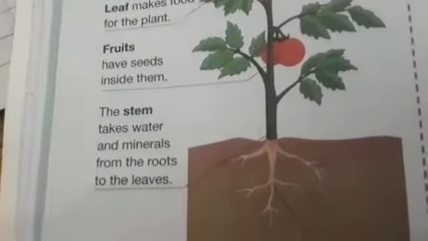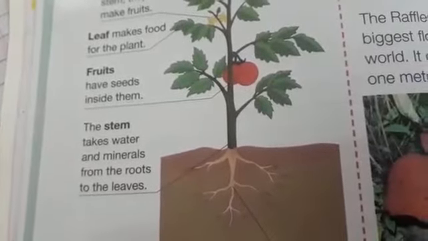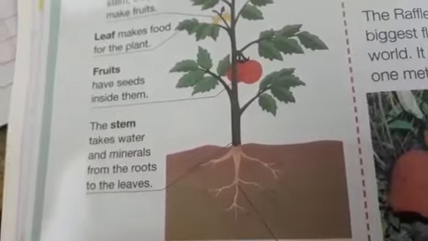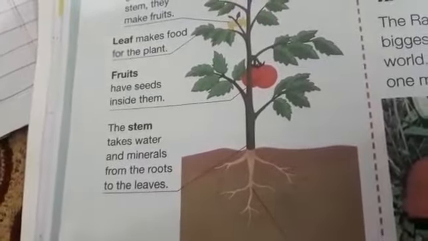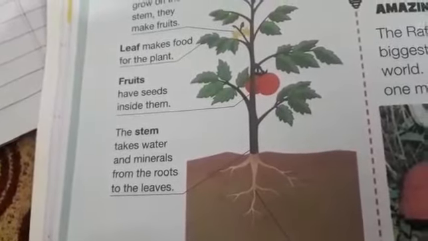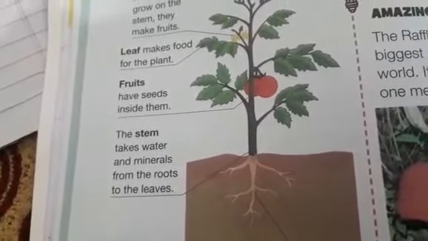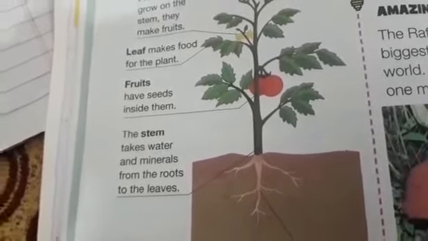It takes water and minerals from the roots to the leaves. The stem is the main part that takes water and minerals from the roots and gives them to the leaves. Then the leaf makes food for the plant. Before this, there will be the flower.